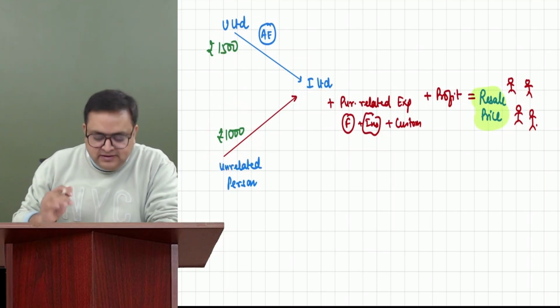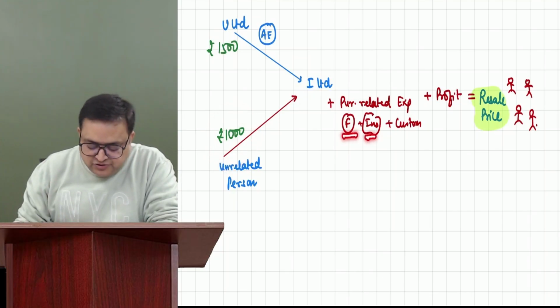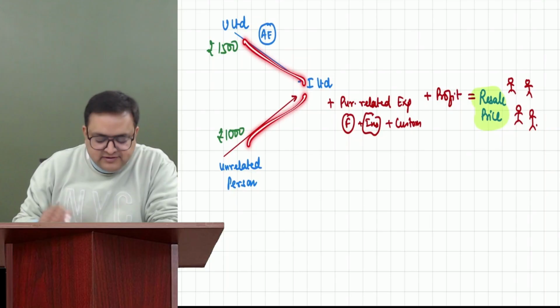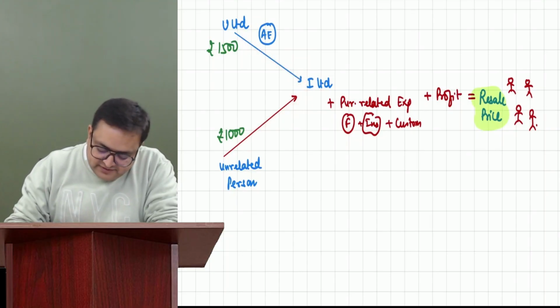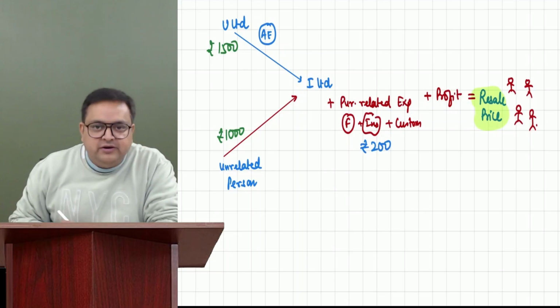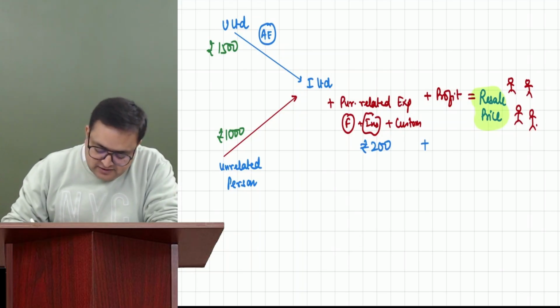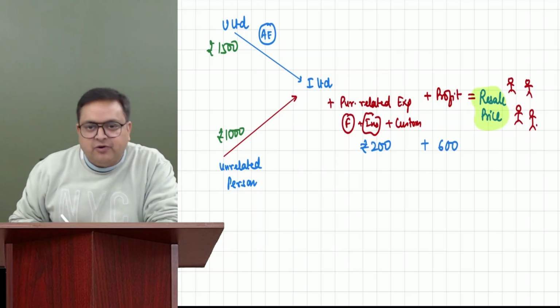Generally your freight, insurance, customs would be the same in both cases. Let's say for example this would be 200 rupees, and let's say you want a profit of 600.